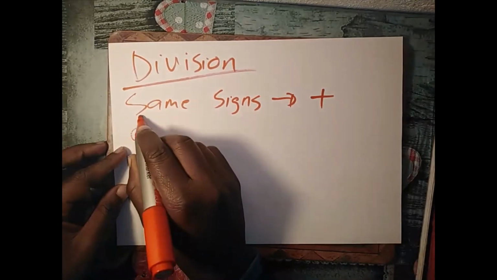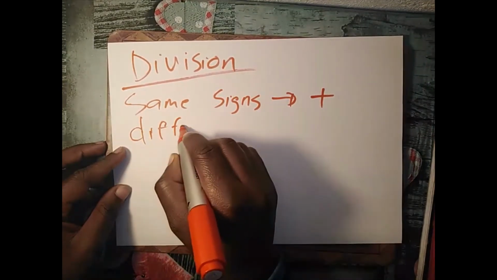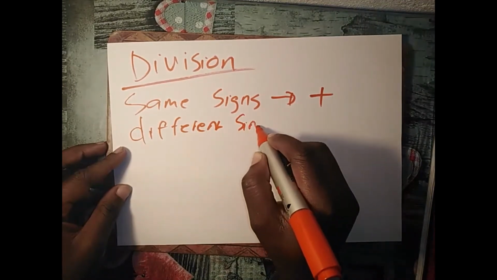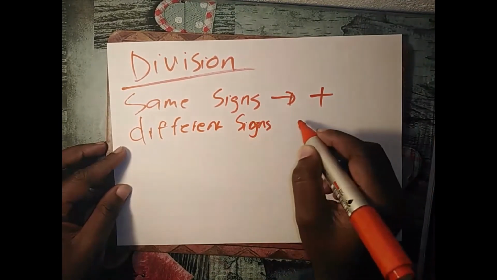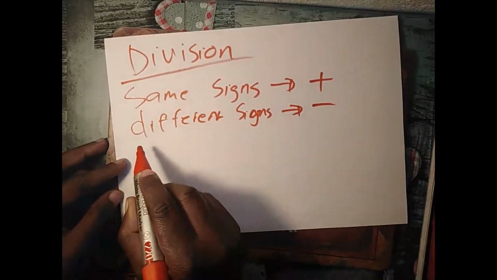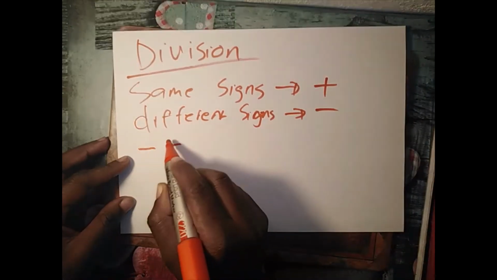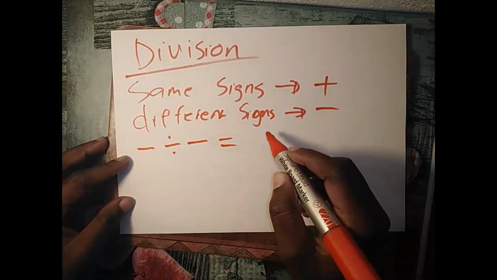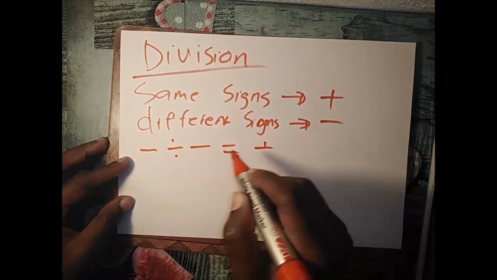And then if you have different signs, what you get is what? You get a negative. So what does that mean? That means that if you have a negative divided by a negative, because it's same signs, you will get what? A positive.